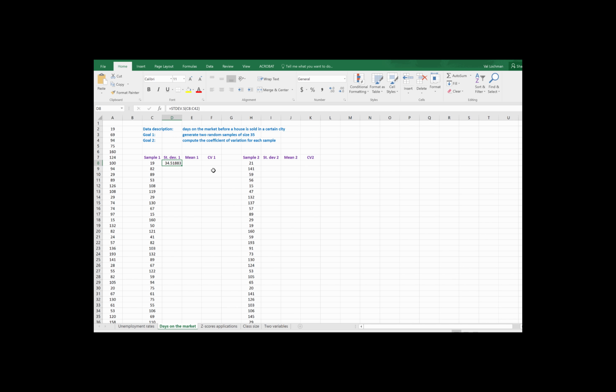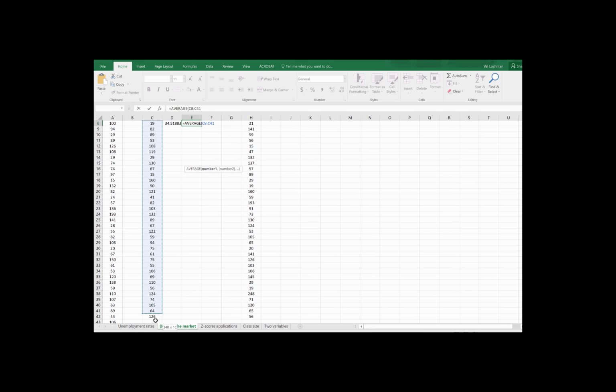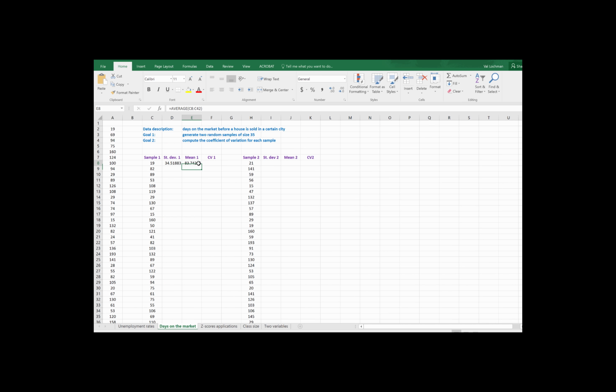So the standard deviation for the first sample is 34.5 days. Okay, what about the mean? The average of my sample is 83.74. So these are the characteristics of my sample 1.